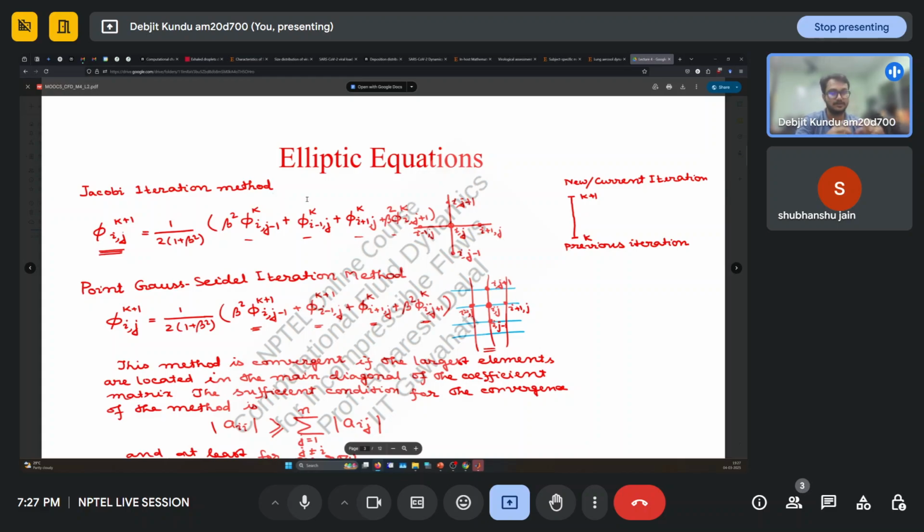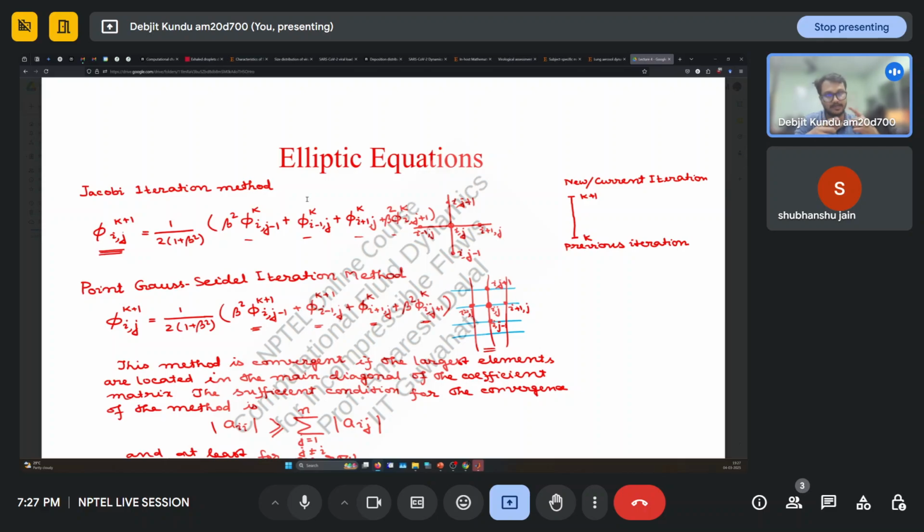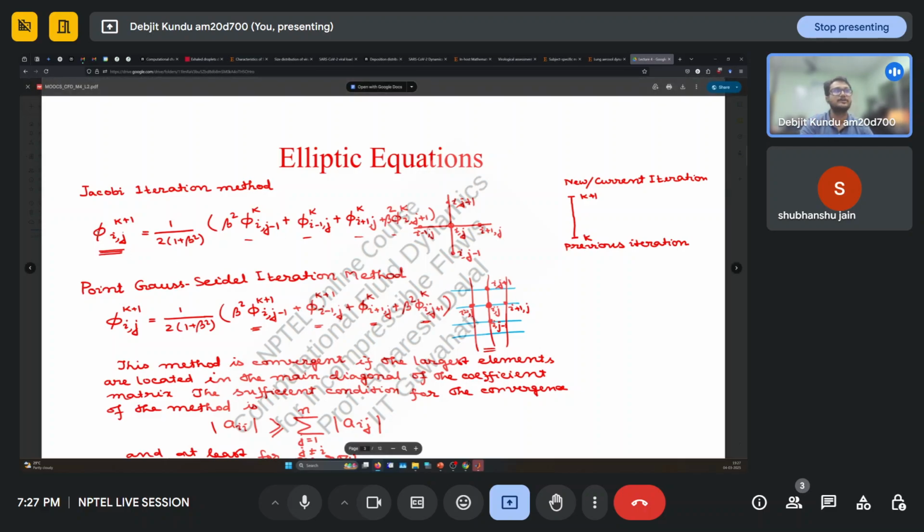Now you see, since you're iterating, not only k goes 1, 2, 3, 4, i and j are also loops. So basically in code you'll write for loops which go from i equal to 1 to n, j equal to 1 to m, like that. As you are going in a loop, if you have reached phi i,j, that means you have already found the values at i minus 1 as well as j minus 1, because you solved that before coming here.